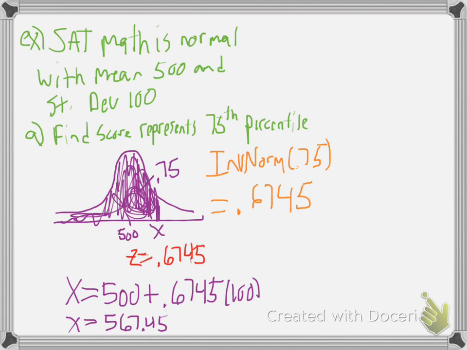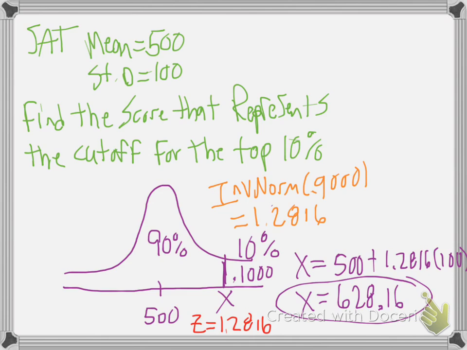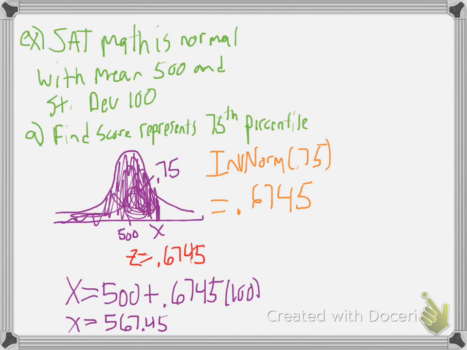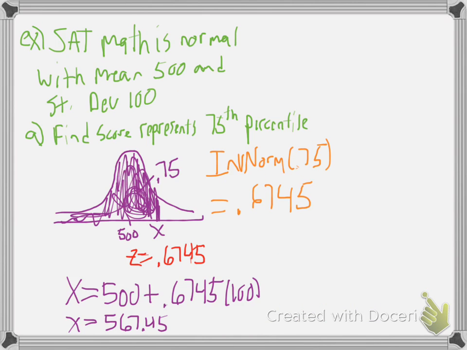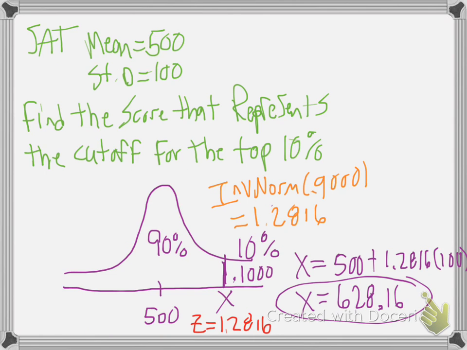On the last two examples, if we know the area or the percentile, percentiles and top 10% are just areas. Percentile always means area to the left. Top 10% means area to the right. We do inverse norm to figure out our z, and then we go back and use the x formula to figure out our data value. So that's the examples that summarize 6.6. Make sure you go over this many times, and good luck.